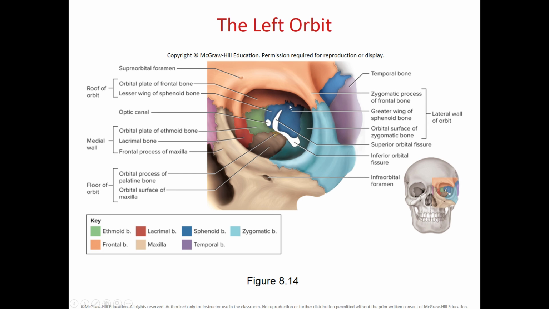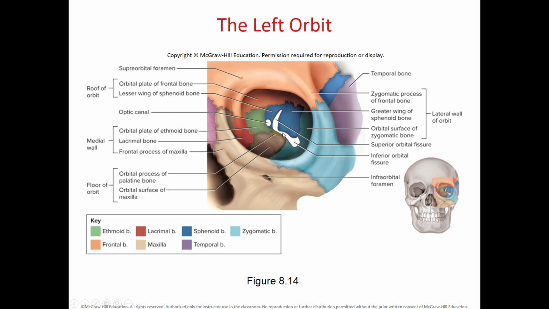It will also be made by the greater wing of the sphenoid. In between the greater wing of the sphenoid, the lesser wing of the sphenoid, the orbital process of the palatine, the orbital surface of the maxilla, and the zygomatic with its orbital surface, we have this slit or irregular foramen called the inferior orbital fissure.